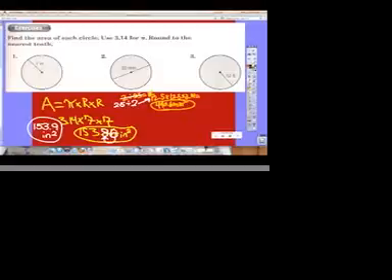Okay, it already has the radius, so you would do 3.14 times 12 times 12, and that would be 452.28. Nicely done. It's your turn if you got this.